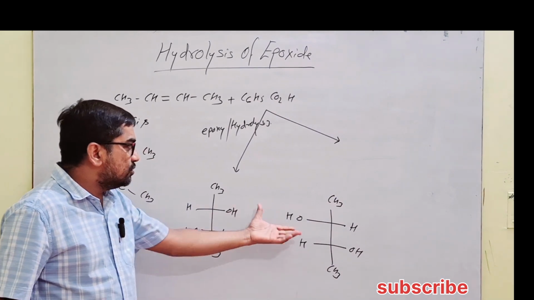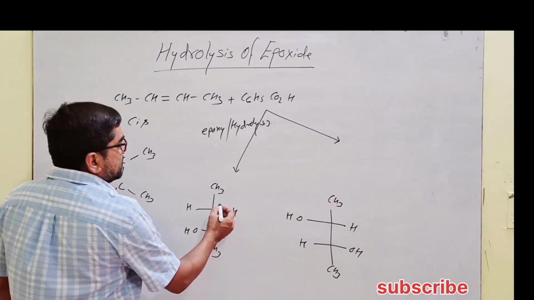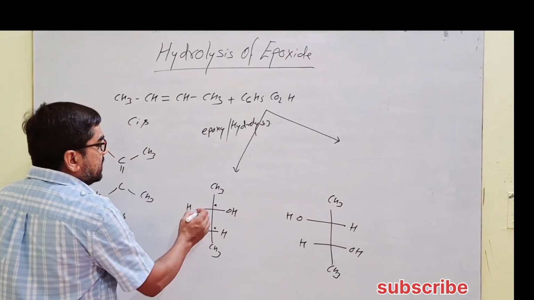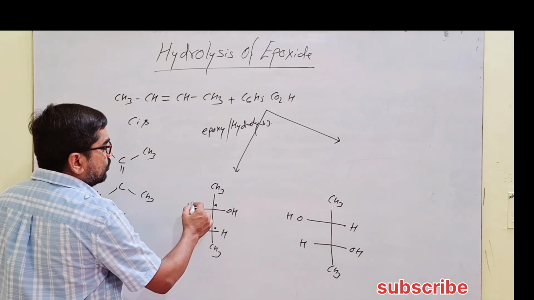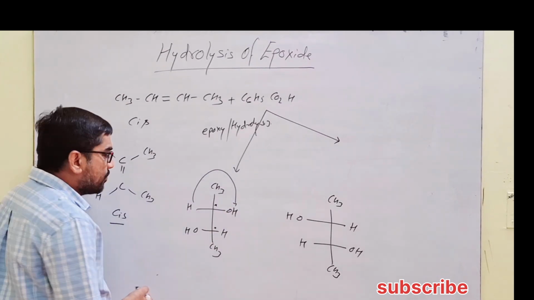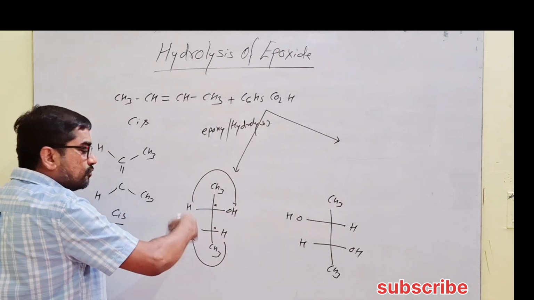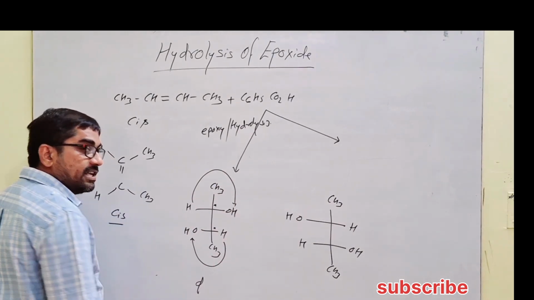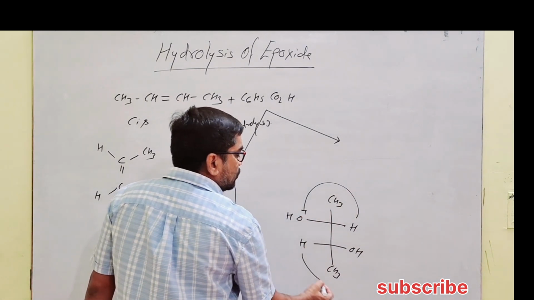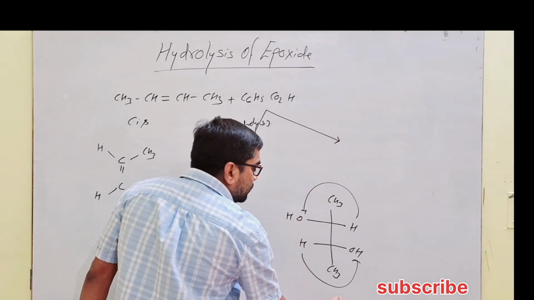But if we look at its stereochemistry, and discuss its stereoisomers, this is a chiral carbon. Here, if we consider rotation of plane polarized light from H towards OH through CH3, then this is clockwise direction, this is dextro form. When H towards OH through CH3 is anti-clockwise direction, it is levo form.